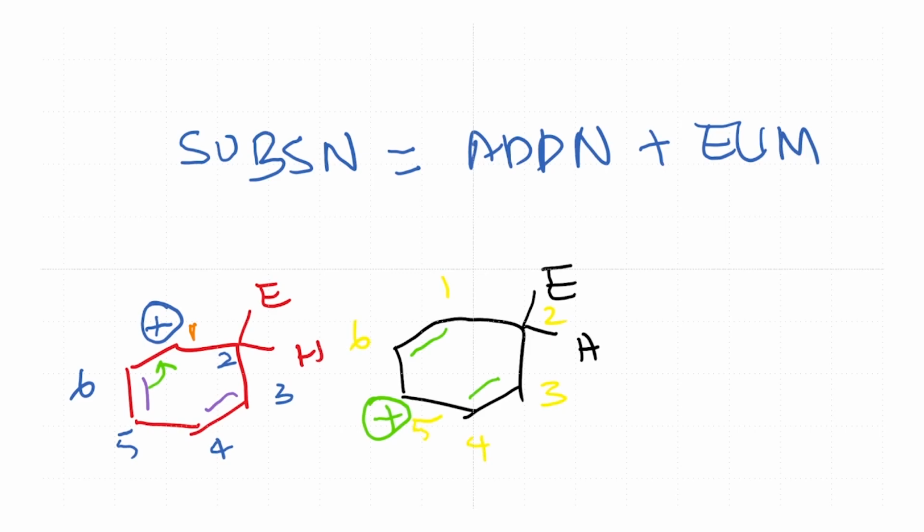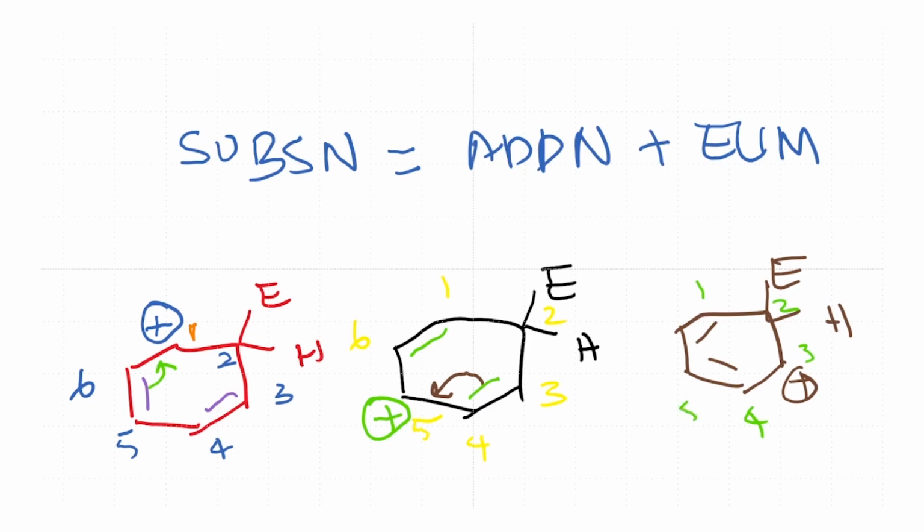And lastly, if you push these electrons over here, then you have a full positive charge here, E, H, and so on. Again, if I stick to the same numbering, 1, 2, 3, 4, 5, and 6. So these are the resonance forms that could happen in the intermediate that stabilize the positive charge that is present.